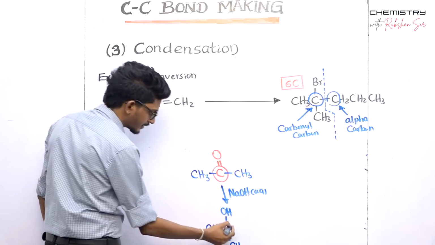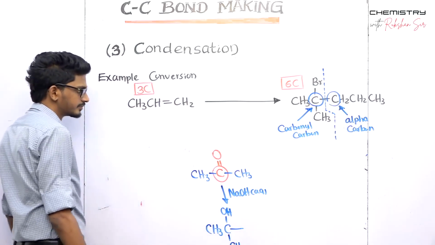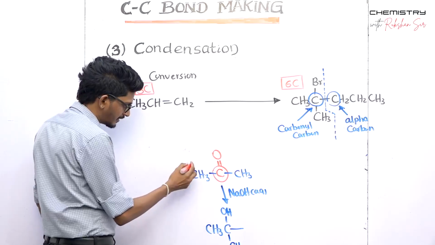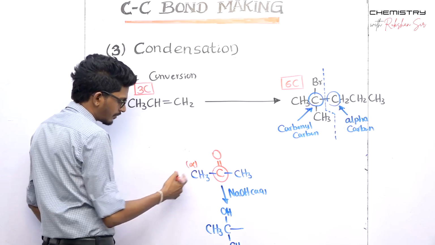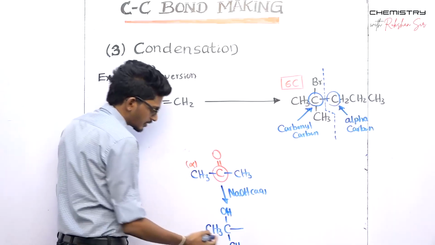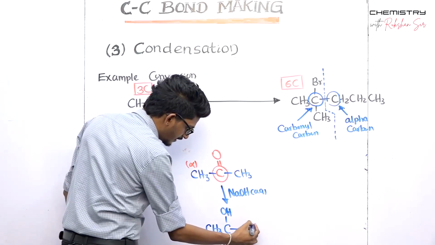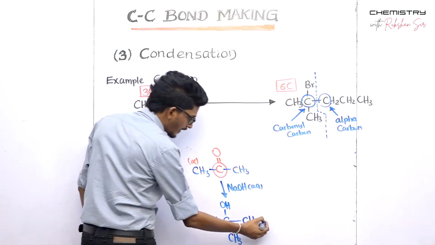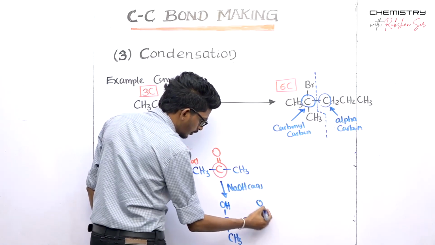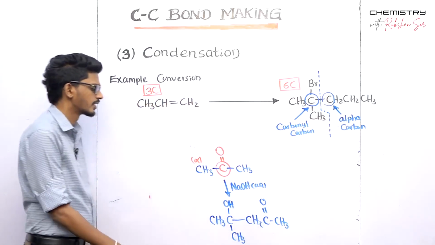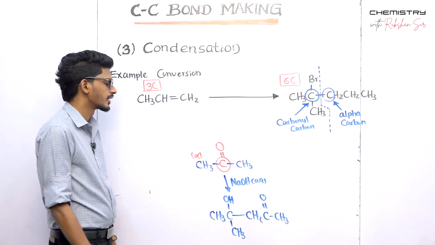And to that carbon, just connect the alpha carbon by removing one of the hydrogens from it. So that is going to be CH2 then, and COCH3. So that is your product.